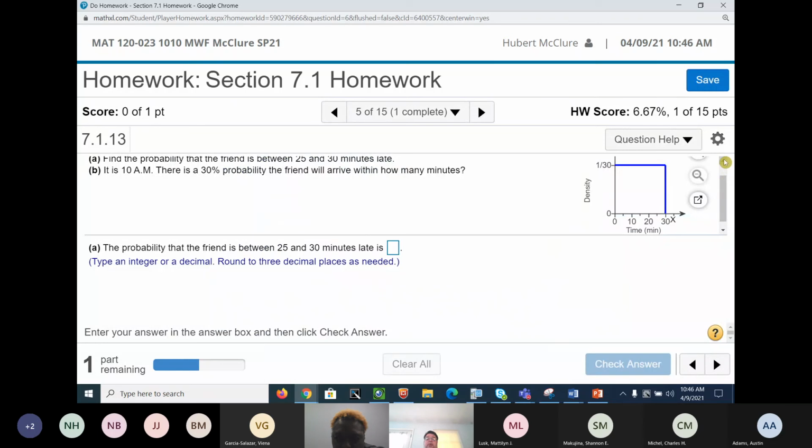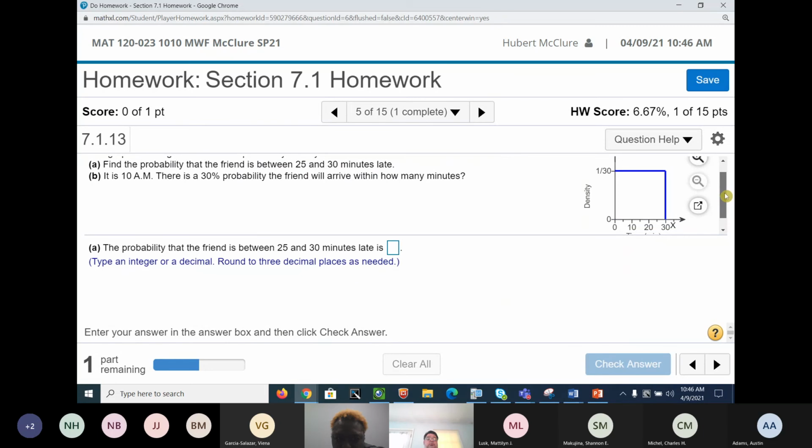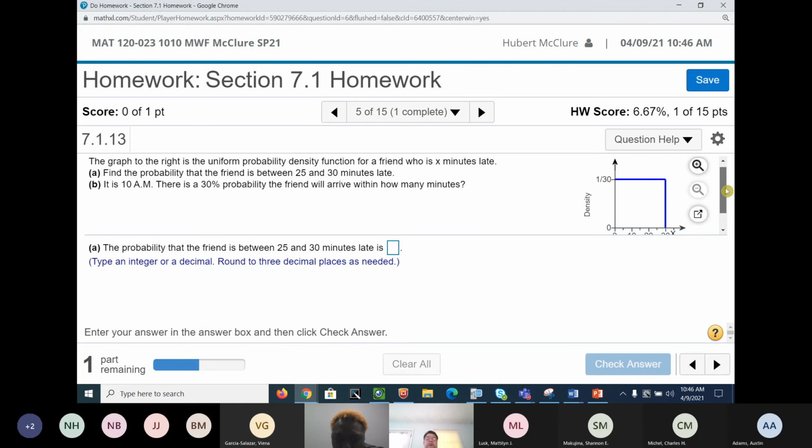I can't make it bigger. I'm sorry, that's as big as I can make it. I'm trying to get both the question. Okay, there's the question. It says the graph to the right is uniform probability. So that means the area in the box is equal to 1. So I'm going to draw a big drawing for y'all.